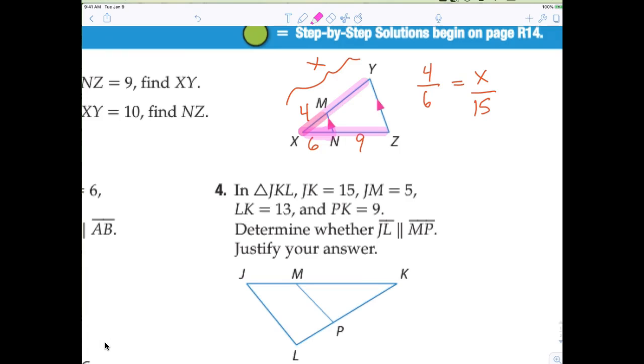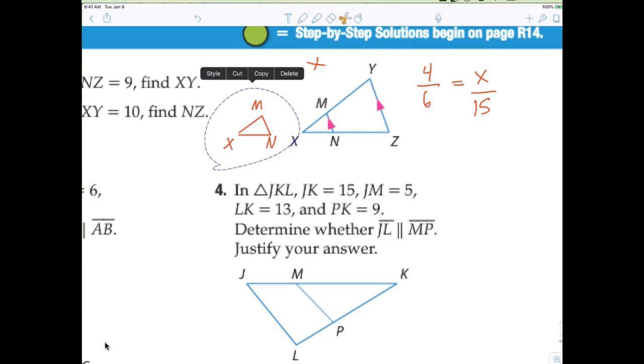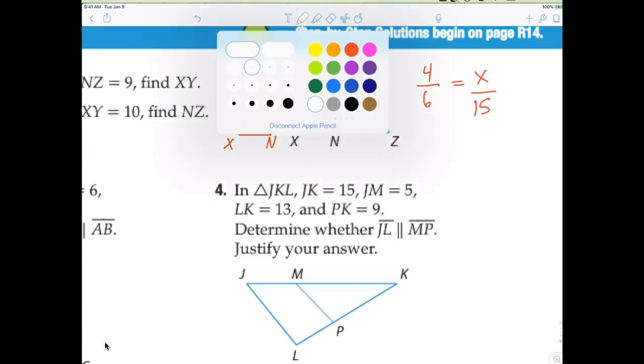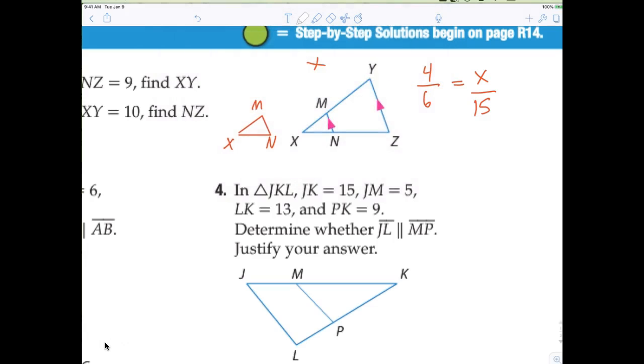Are you not seeing it? I kind of see. All right, I'll go super slow for you, Walker, today. Here we go. This is the best I can do. Here, here, here. This is X, M, and N. So I'm taking this and sliding it out. Now I'm going to wipe this out, and this out, and this out.